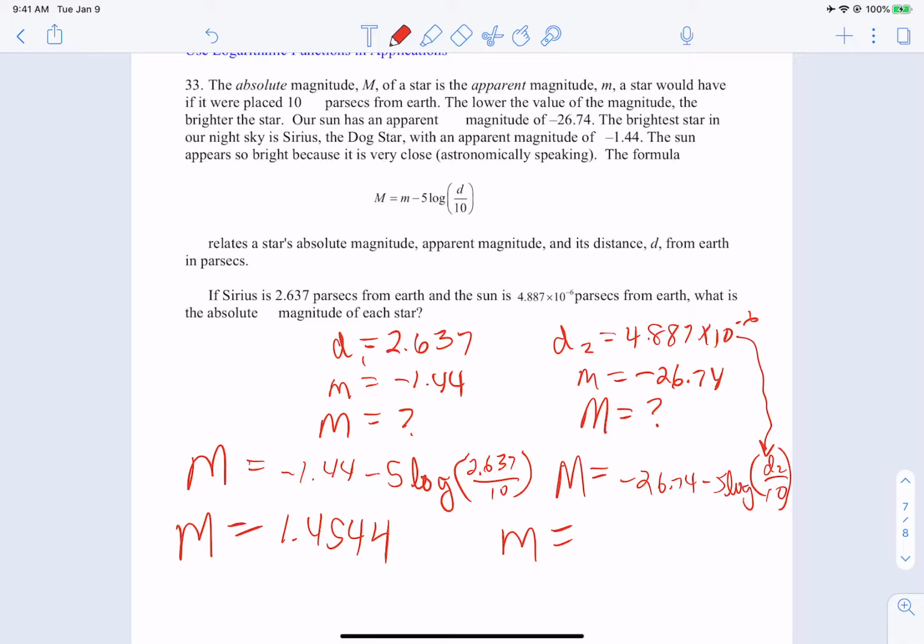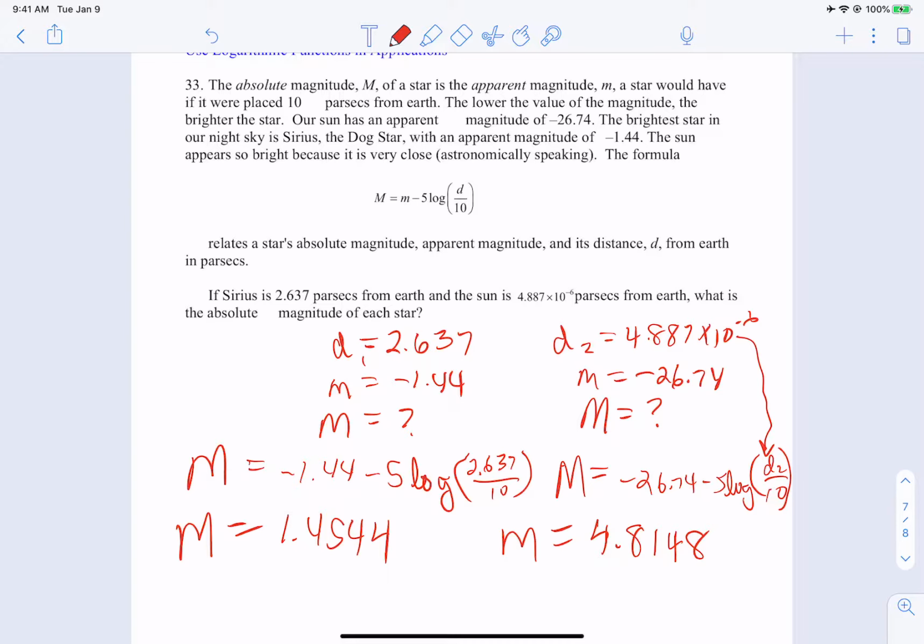So negative 26.74 minus 5 times the log of 4.887 times 10 to the negative 6 divided by 10 equals 4.8148. So there you go.